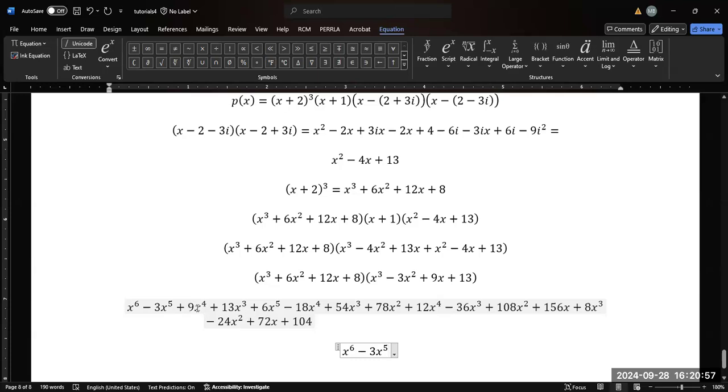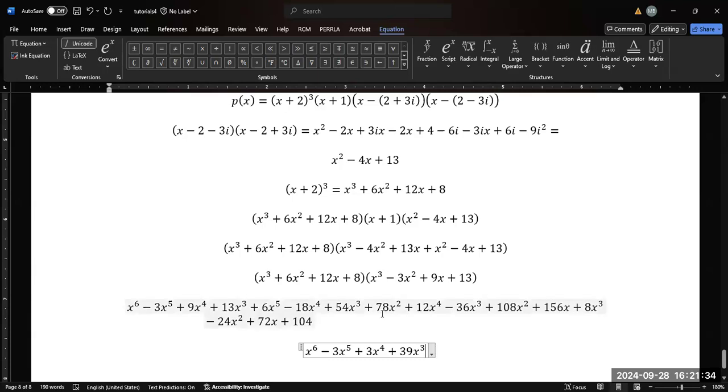And then here's the fourth powers, so that's a 9, and here's a minus 18, and here's a 12. And that gets me plus 3x to the fourth. And then here's a cube, and here's another cube, and here's another cube, and here's another cube. And so I end up with 39x cubed.